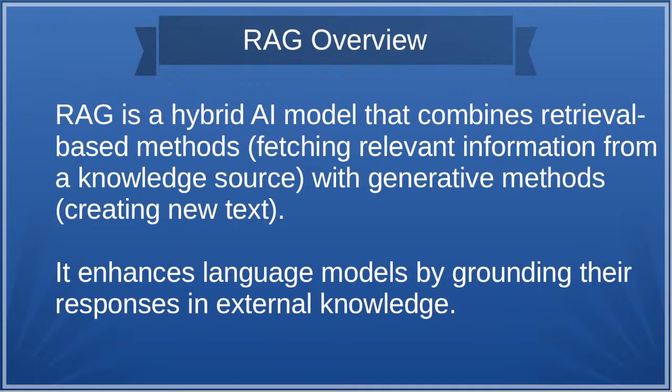A knowledge source can be a database, PDF files, or any kind of repository. So it is very traditional. There are different ways of retrieving, and previously it was mostly based on keyword search. Now, because of embedding models and other things, we use vector databases. So basically, getting the relevant information from the knowledge source is the retrieval process.